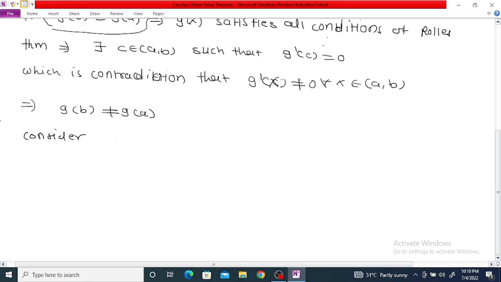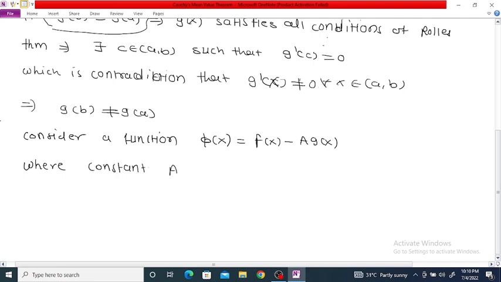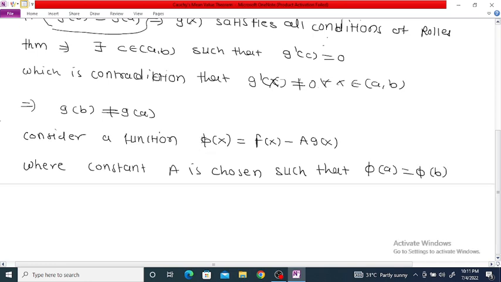Consider the function phi(x) equal to f(x) minus A times g(x), where A is a constant chosen such that phi(a) is equal to phi(b). So we define the new function phi(x) equal to f(x) minus A g(x).